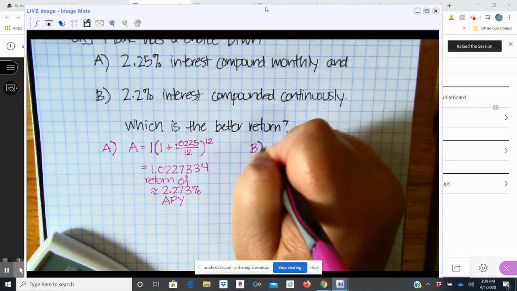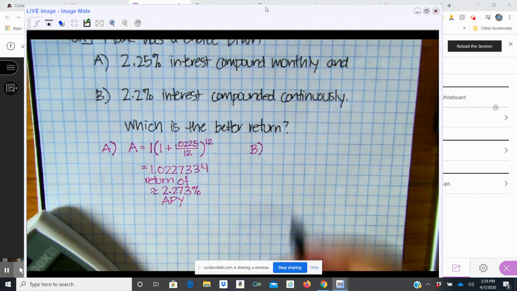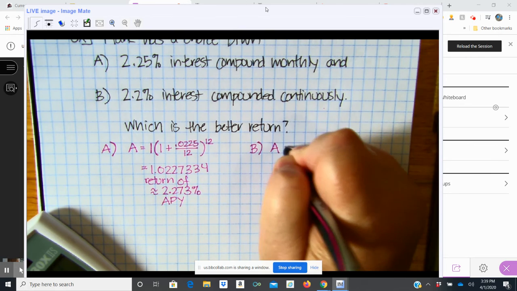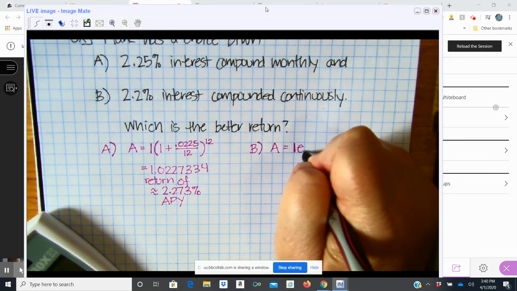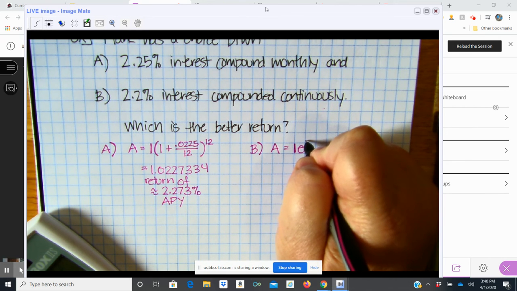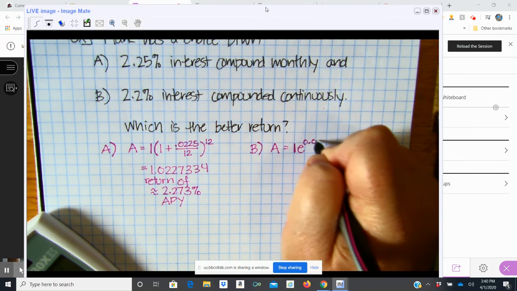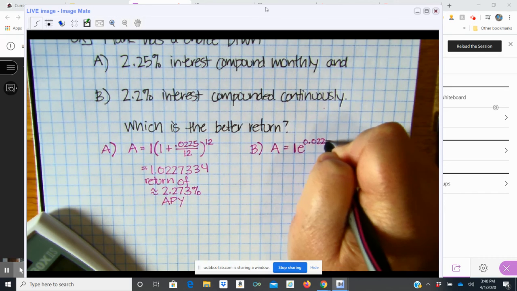For part B, we're compounding continually. So my amount on that same $1 is times e to the return rate, 0.022 for 1 year.